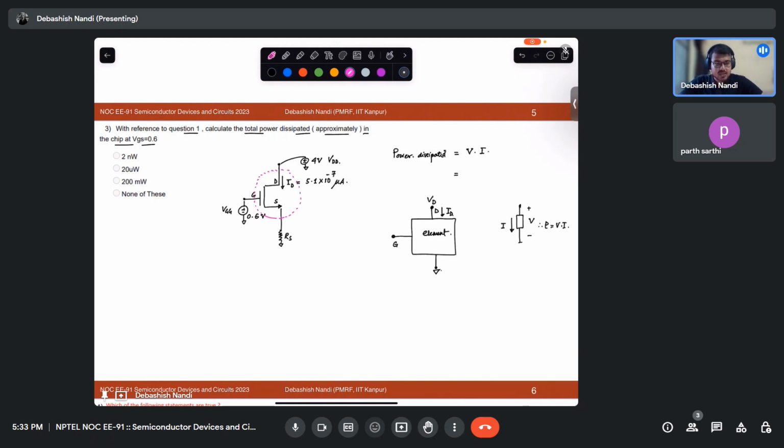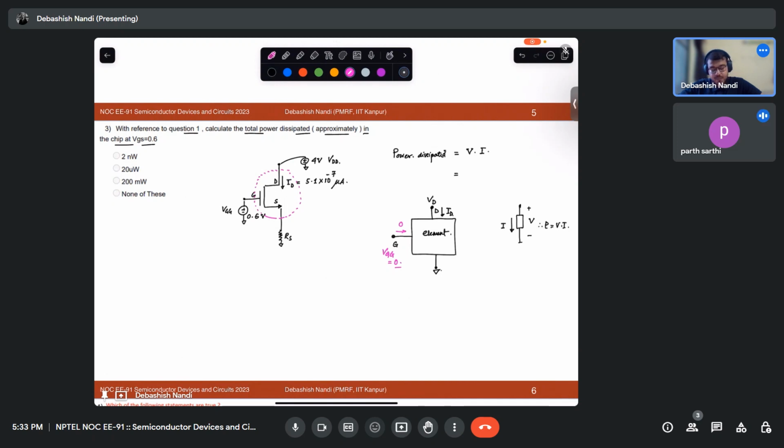You are asked to find out the power dissipated. How will you find out? By the way, what is the current through the gate terminal? Zero. So how much power should this voltage source be delivering? Zero. It should be zero, right? Yes, sir. This is the reason why we are not considering the gate voltage and we are considering only the drain voltage.